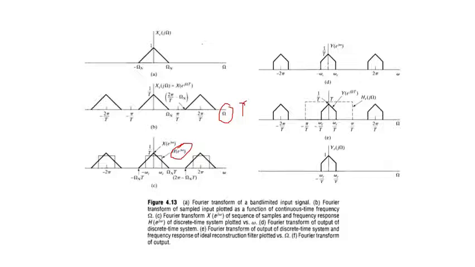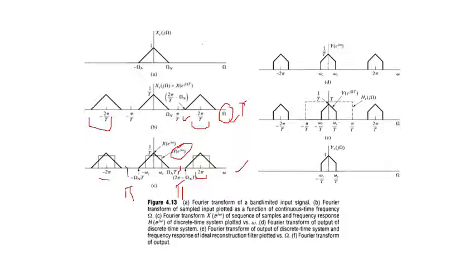So if we multiply it by T, the 2 pi by T converts to 2 pi, this capital Omega converts to small omega, this point pi by T converts to pi, here we have pi, here we have minus pi, not shown but it is there, and this, if we multiply by T, becomes minus 2 pi.